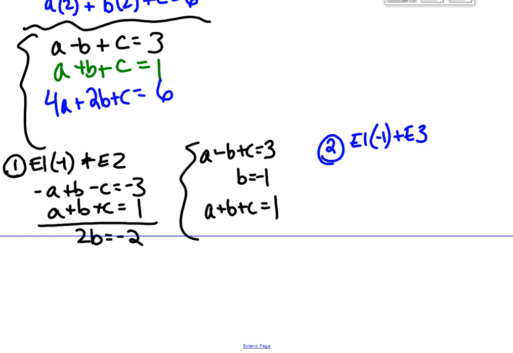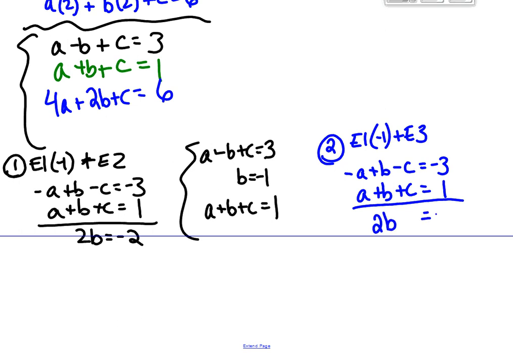And so that will be negative A plus B minus C equals -3 for that one. And then A plus B plus C equals 1. When I combine terms here, I get 2B equals -2.